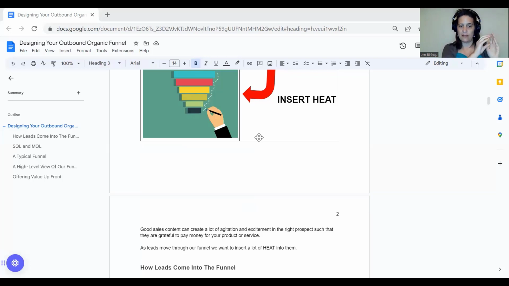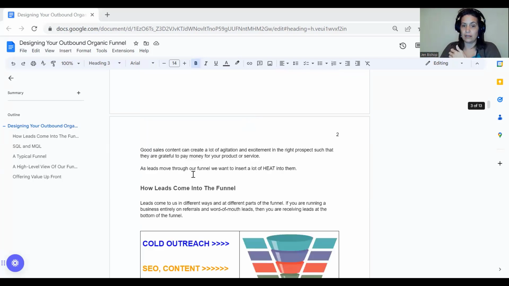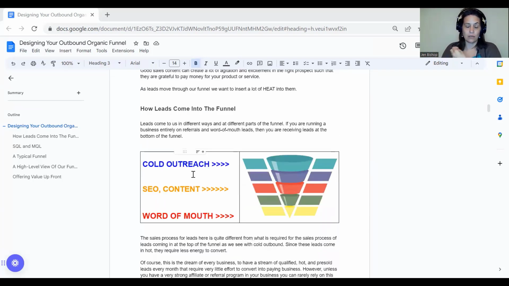So we want to move people through the funnel. We want to insert enough heat into them and enough energy so that they get to that stage of excitement about buying. And you think about yourself when you are really excited to buy something. We talk about retail therapy, buying the right thing is actually something we are excited to do.